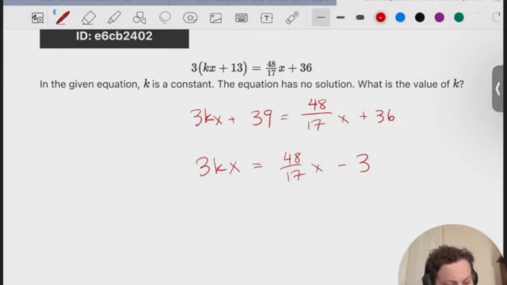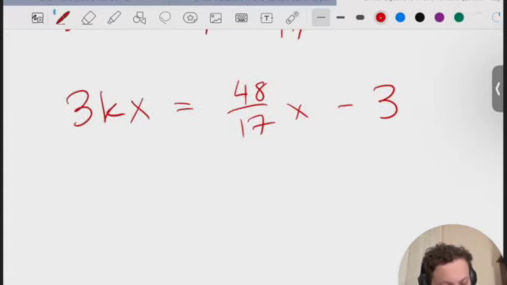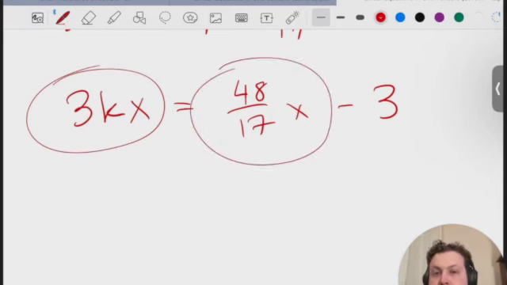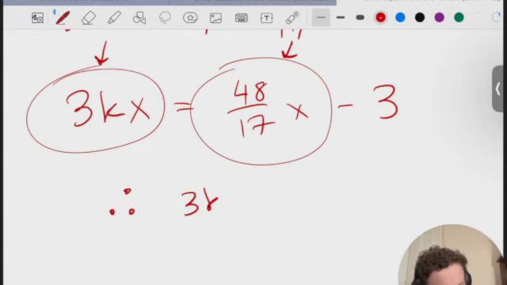For this to have no solutions, in a perfect world, these two things would be the same, because it's impossible for this and this to be equal if there's a negative 3 on this side. So what we're thinking is 3k is equal to 48 over 17.